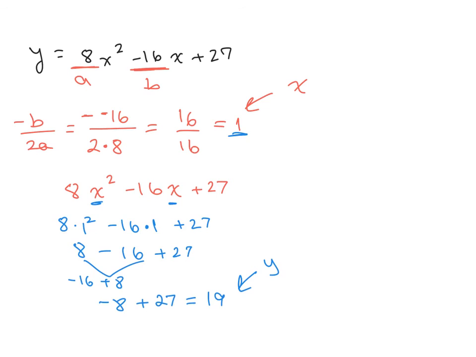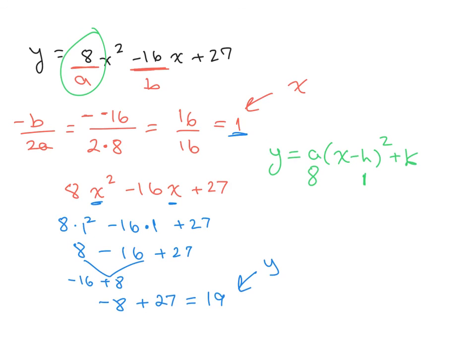And finally, remember the equation in vertex form is y equals a times the quantity x minus h squared plus k. Let's identify those key components. Our a is the 8, because that's what we got in our standard form. Our h, which is also the x-coordinate of the vertex, is 1.